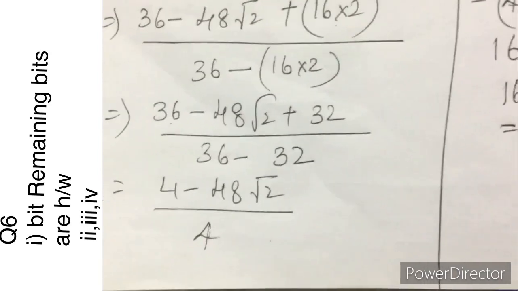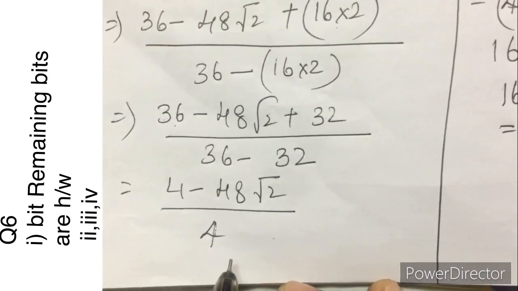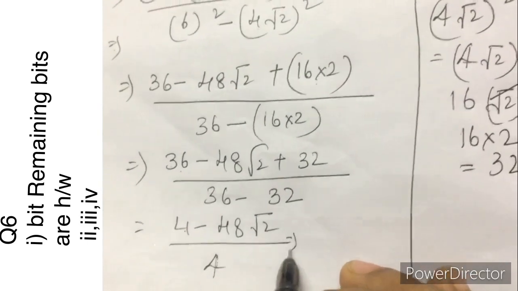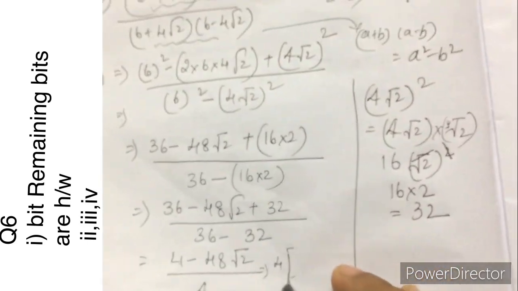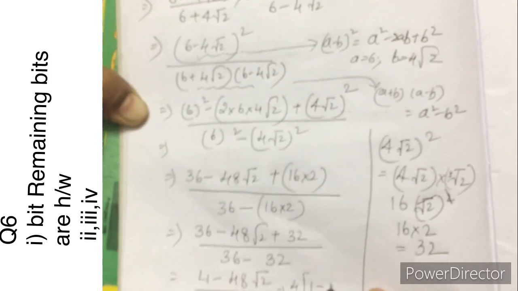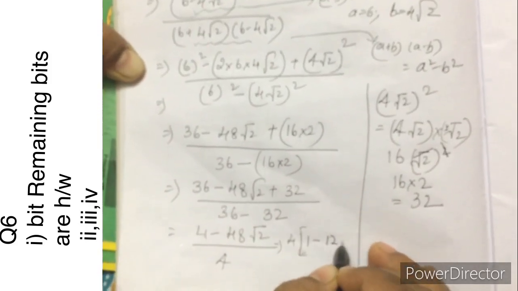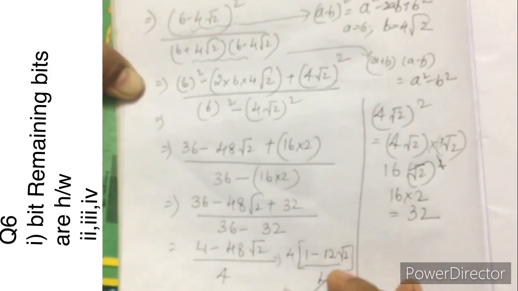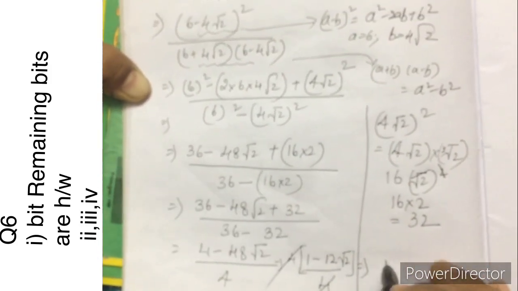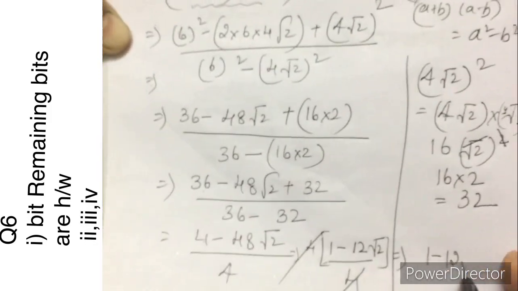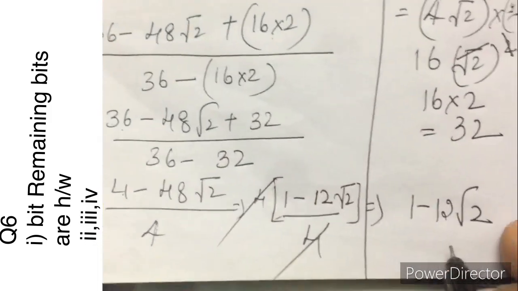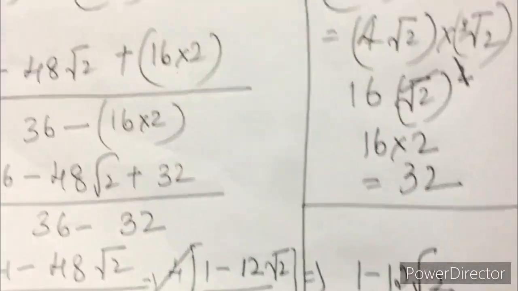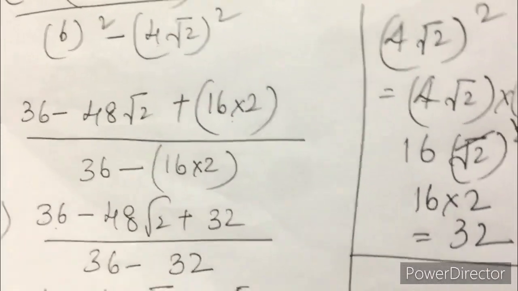Clear? You can stop here, or further you can find a common factor if you want the textbook answer. 4 is common here. 1 minus, 4 ones are 4, 4 twos are root 2, divided by 4. You can cancel this and your answer is 1 minus 12 root 2. Is it clear to everyone? If you have a doubt, please let me know. Clear, students? This is very, very important.